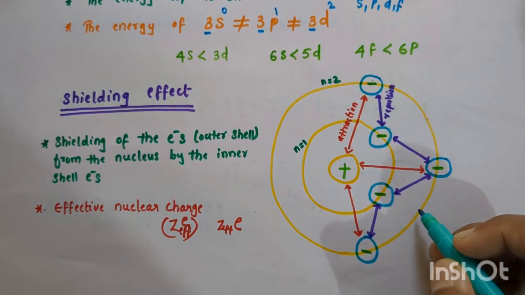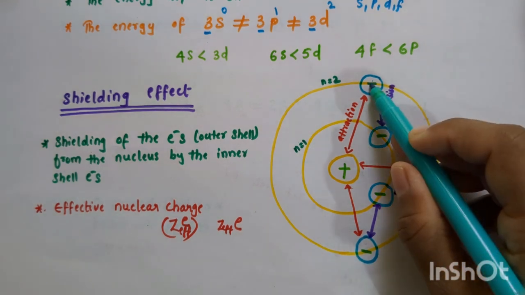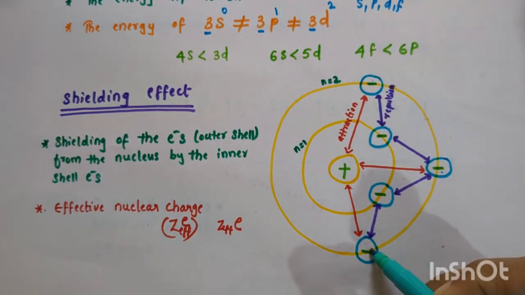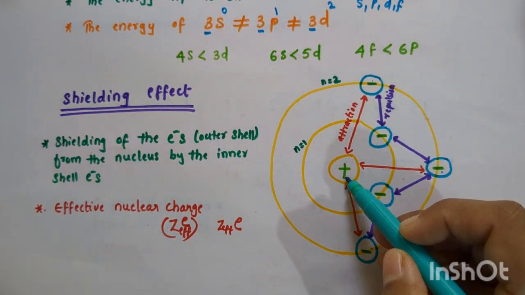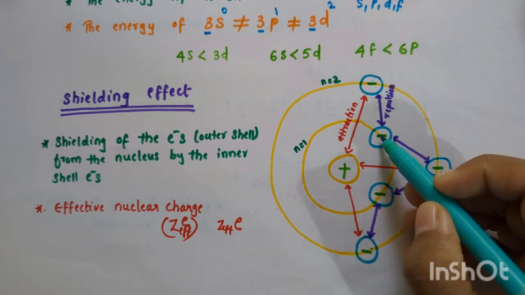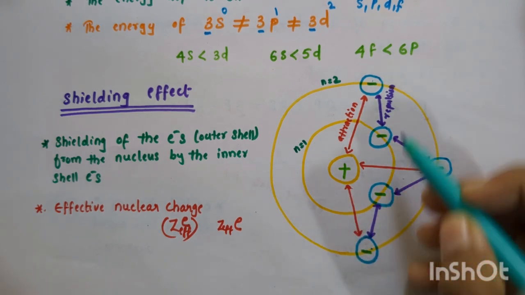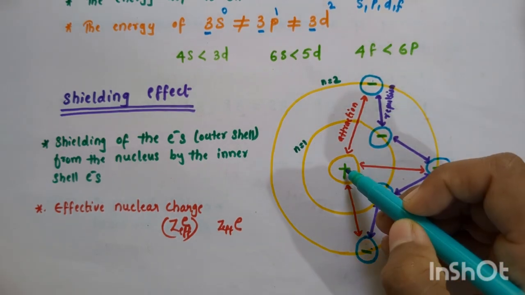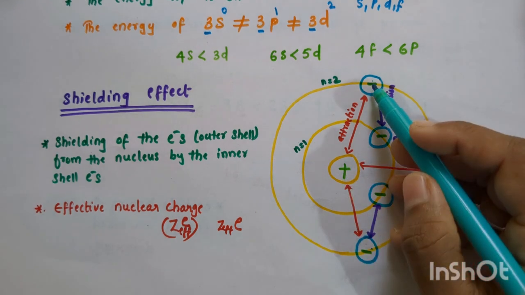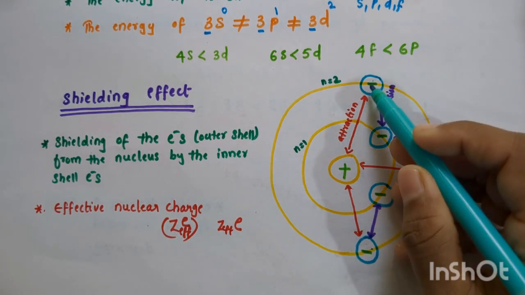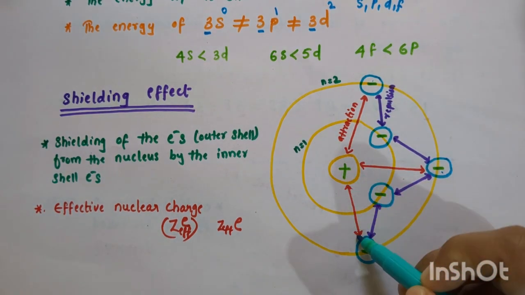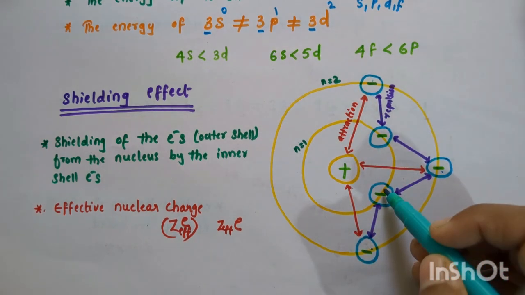The electrons in the outer shell are attracted to the nucleus. The positively charged nucleus and the negatively charged outer shell electron attract each other. This red one represents that attraction.